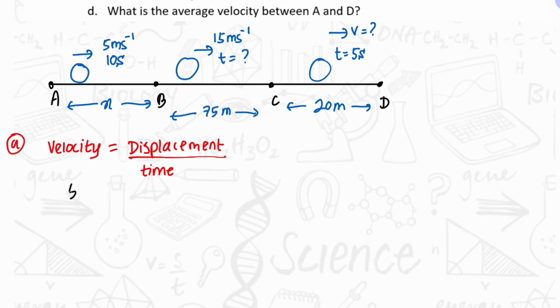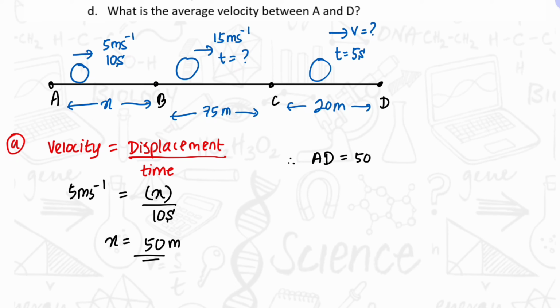Velocity is 5 meters per second, displacement, let's say it is x, and time taken is 10 seconds. When you solve for x, you get 50 meters. Therefore, the total distance AD will be 50 meters plus 75 meters plus 20 meters. That will be 145 meters.